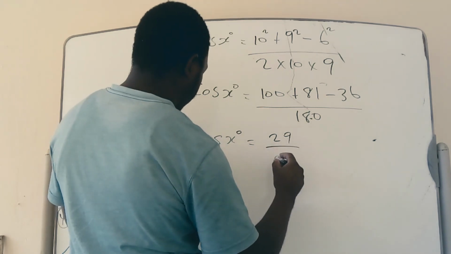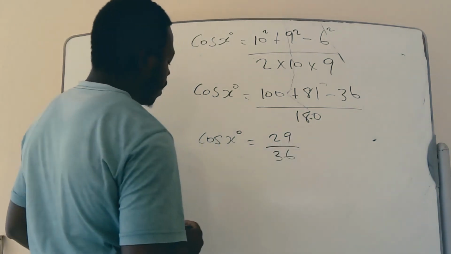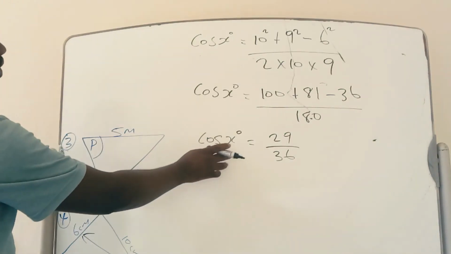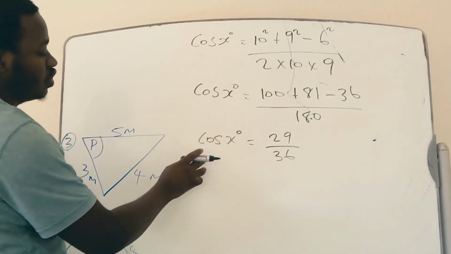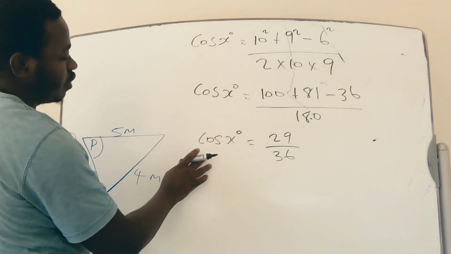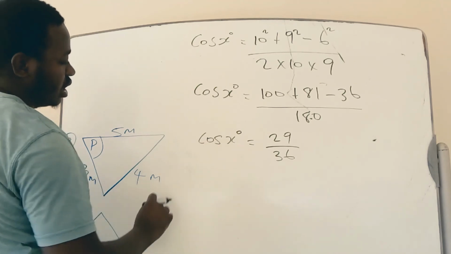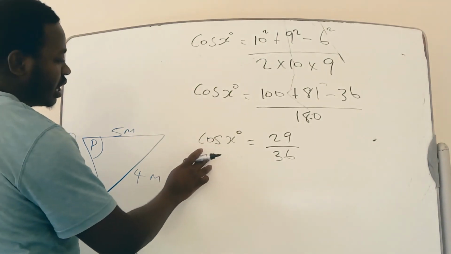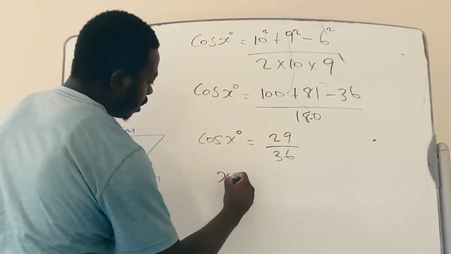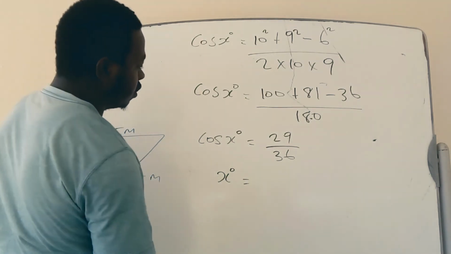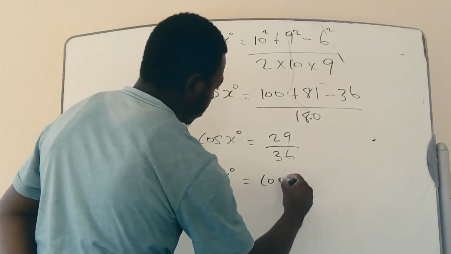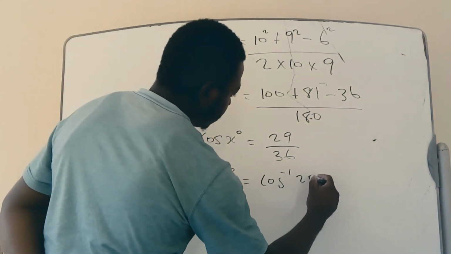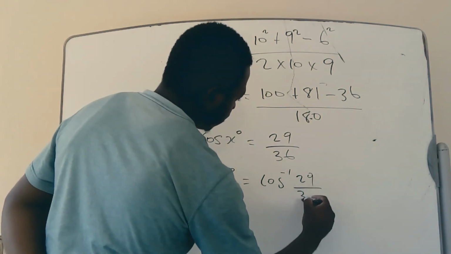29 over 36. Now you want to find what x degrees is. So what you need to do is to take the cos inverse of both sides. You take the cos inverse of this side. x degrees is equal to cos inverse of 29 all over 36.